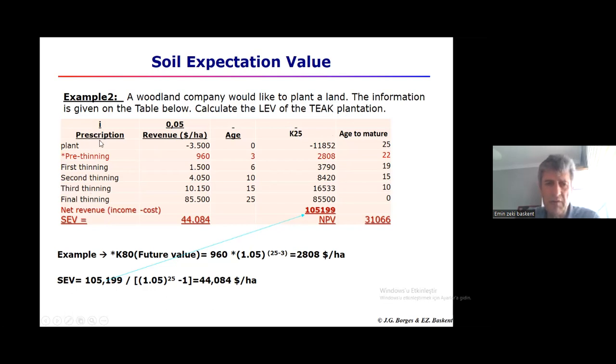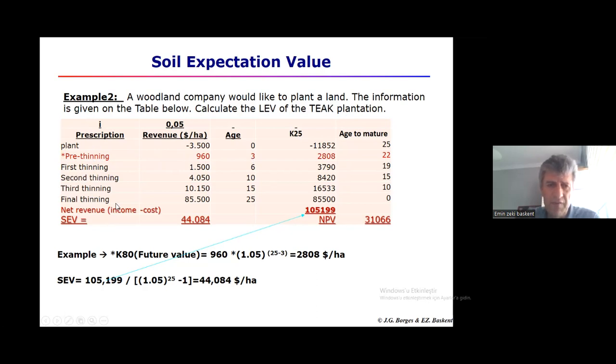In the first column, as you can see, there is planting right at the beginning. It costs 3,500. There is a pre-commercial thinning, costing $960 per hectare, applied at the age of 3 years.